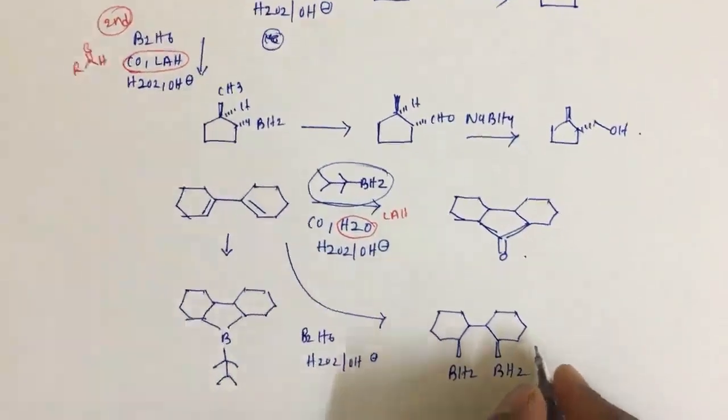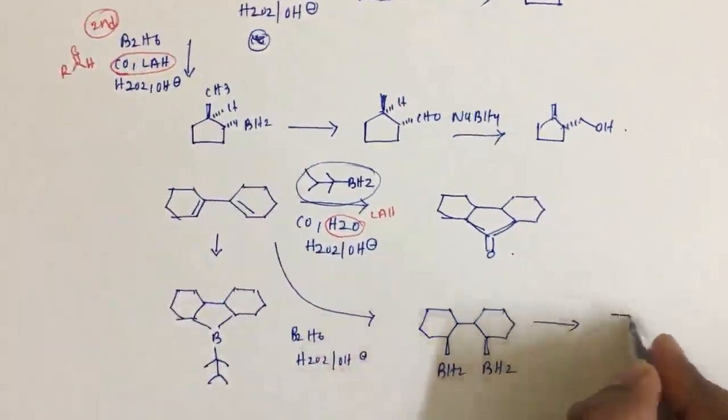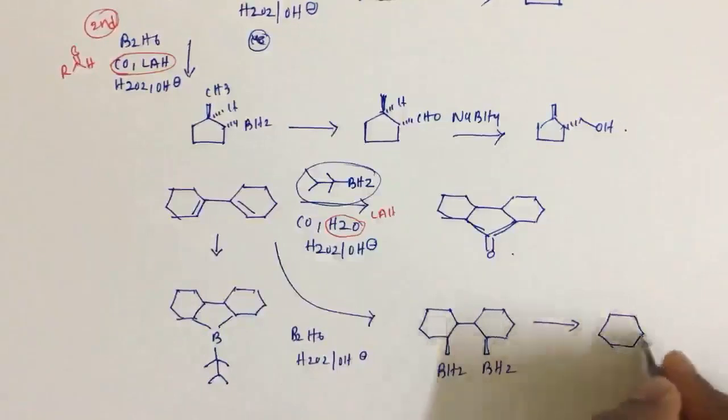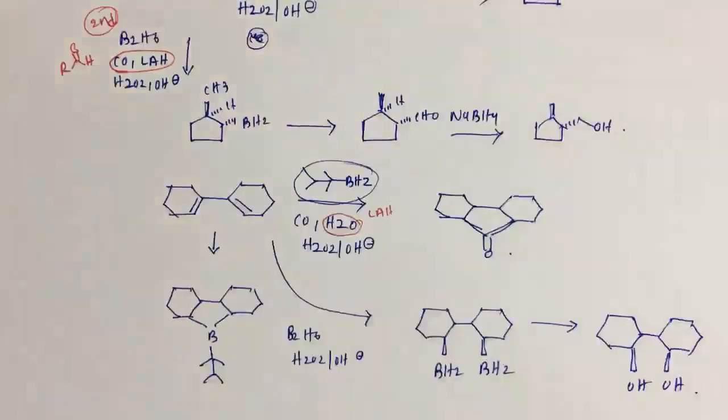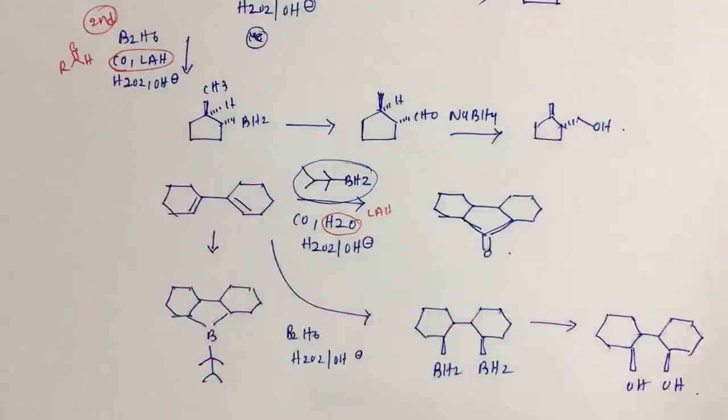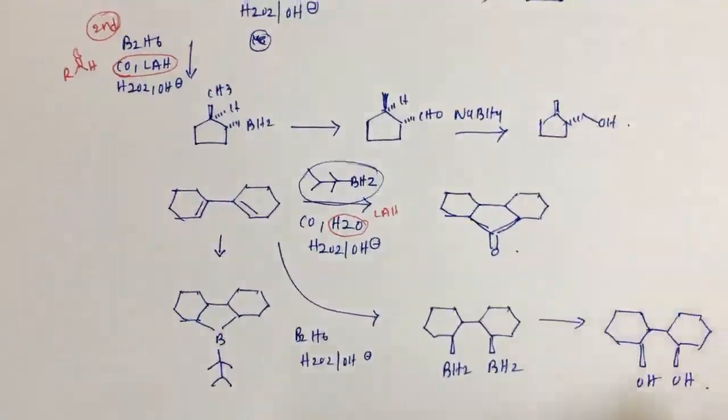In the second step we have H2O2 in the presence of OH minus. So here we will get an alcohol. So these are some examples, and some more examples we have.